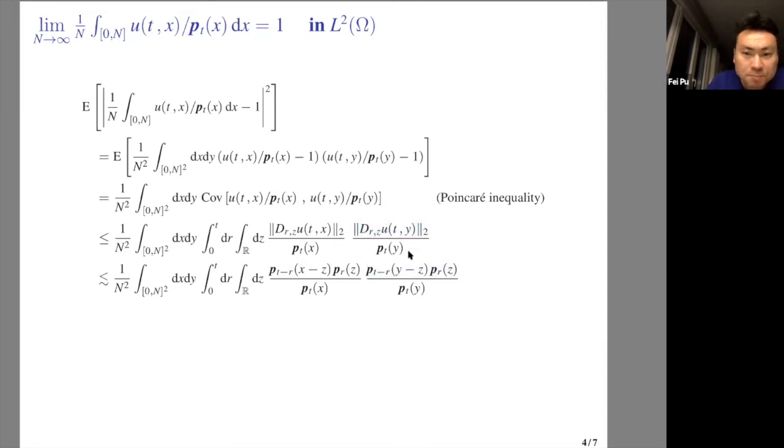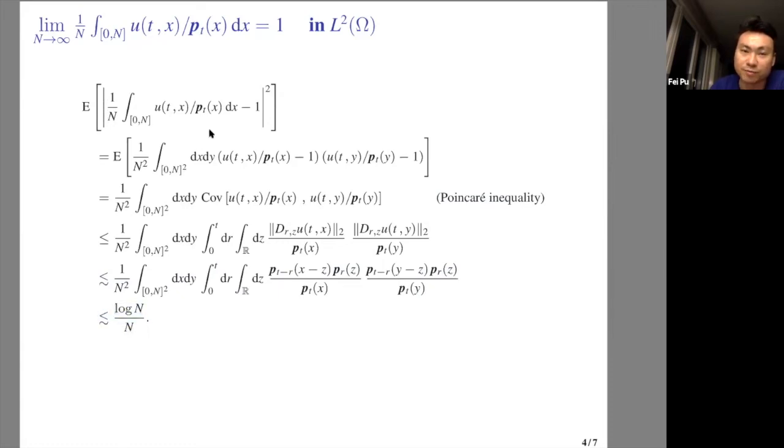So you see, in the end, when we use Poincare inequality and the estimate of the Malliavin derivative of the solution, we have a deterministic integral in terms of heat kernels. Here we have six terms, so we can do some computation with the heat kernels. In the end, this integral is bounded above by a constant times log n over n, and this converges to 0 as n goes to infinity.